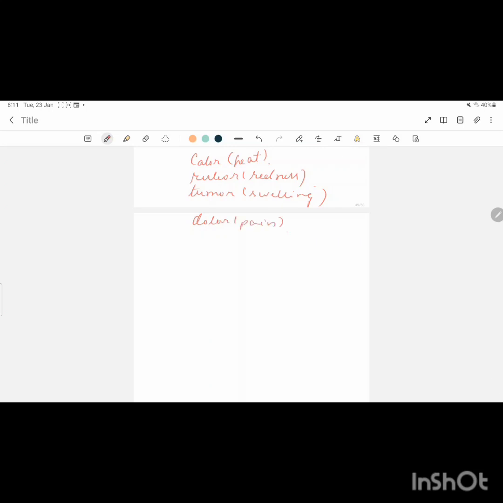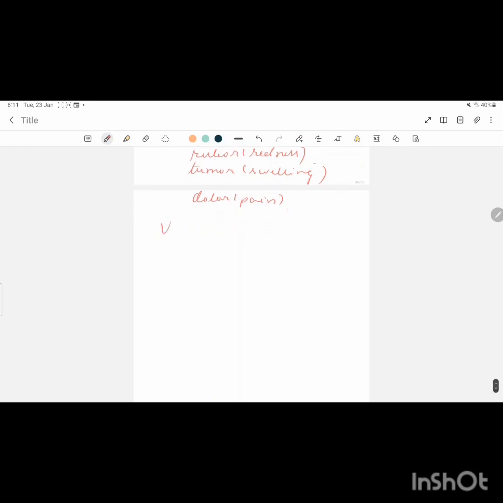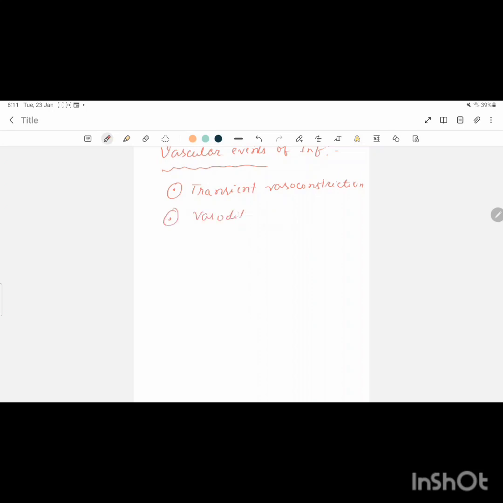Now, what are the vascular events of inflammation? First, there is transient vasoconstriction. Next stage is vasodilation. Next stage is increased vascular permeability.